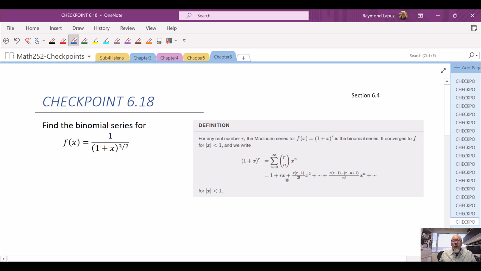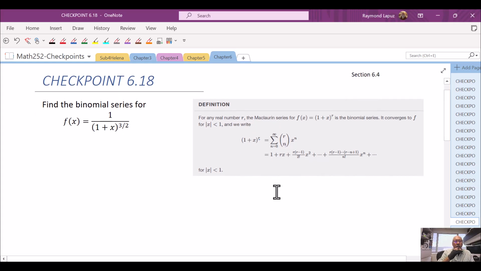Now r choose n is going to be some sort of number value that takes the power and then uses the n for whichever n you're dealing with, and then it has this particular formula. Alright, so let's see if we can work this out and try to find the general series for this particular problem.